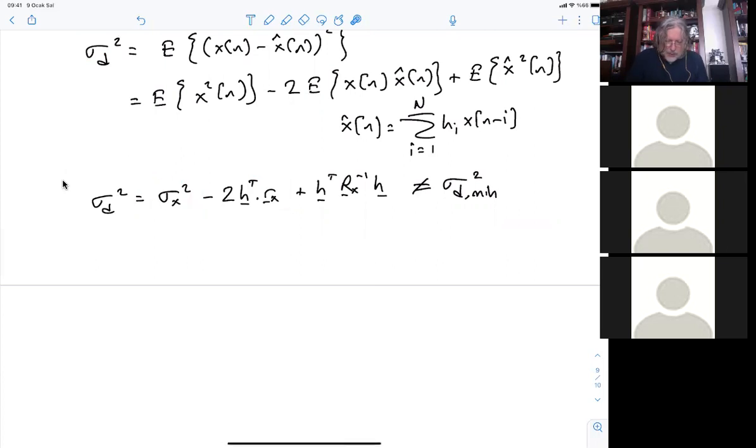So I'm trying to minimize this with respect to these h's. This is some constant term. We cannot touch that. And here I have minus 2 times h times something. So there is h. And then here I have h and h, which is something like h square.